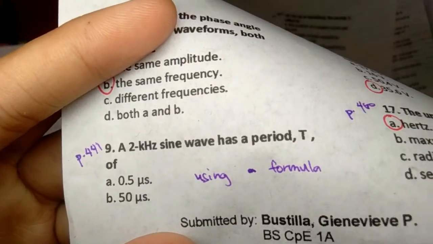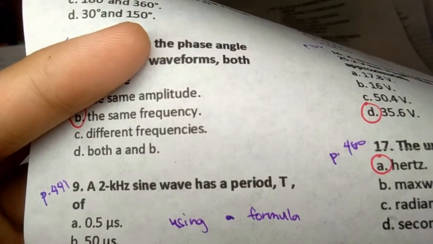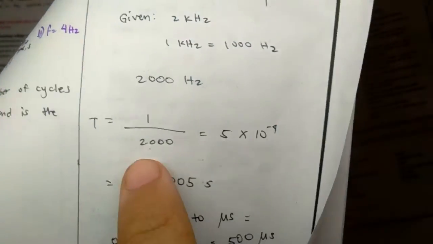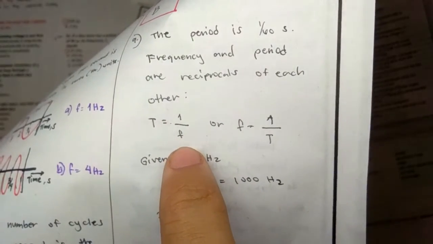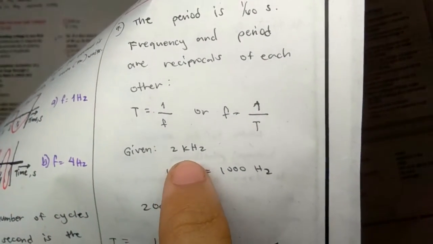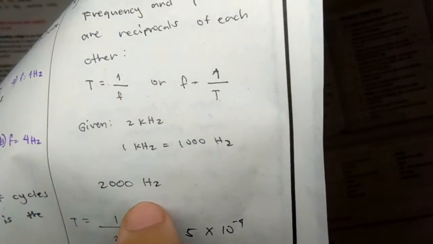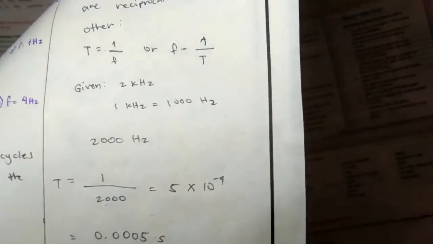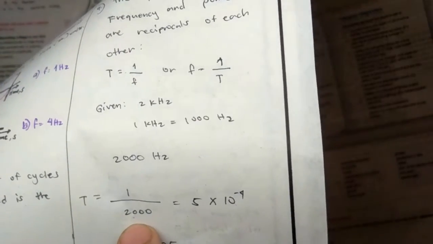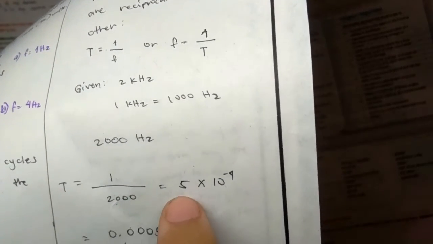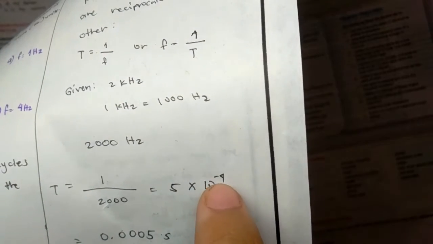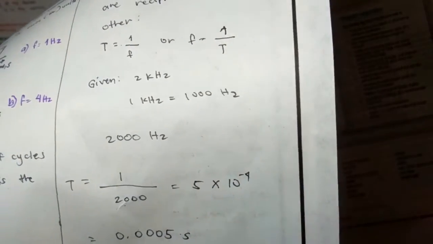Number 9, a 2 kHz sine wave has a period of blank. The formula for period is 1 over frequency. The given is 2 kHz, which is equal to 2000 Hz. Then 1 over 2000 Hz is equal to 5 times 10 raised to negative 4 seconds.